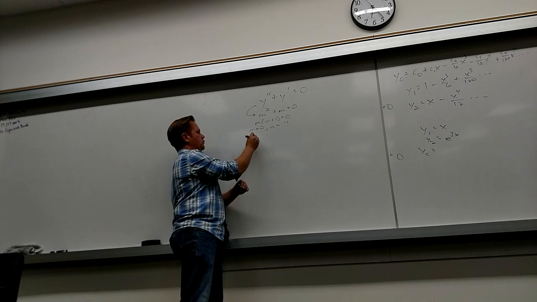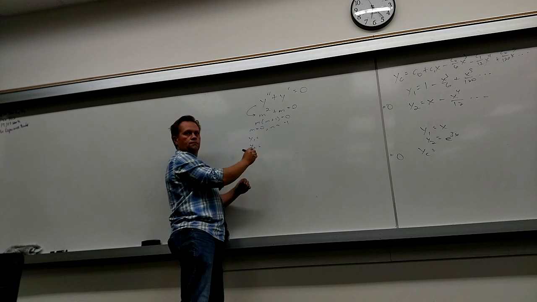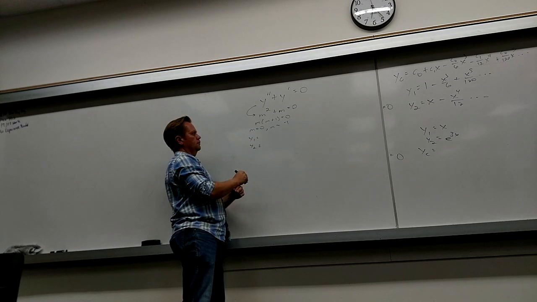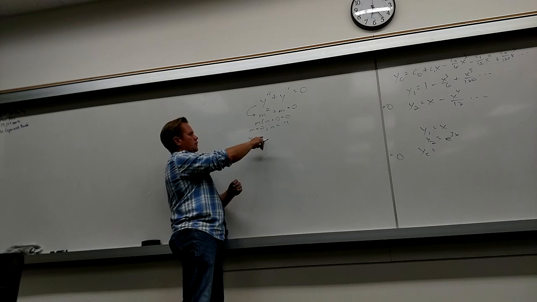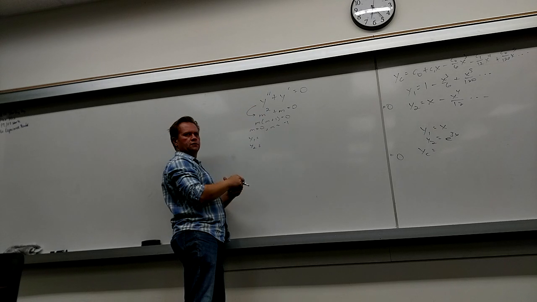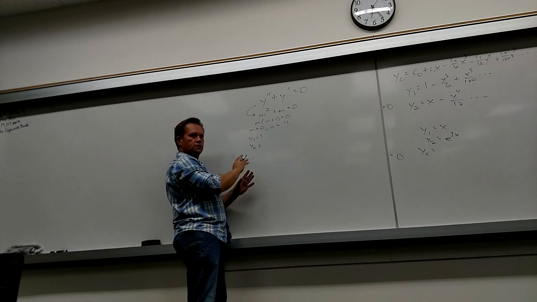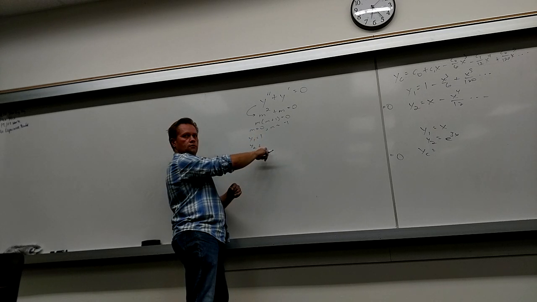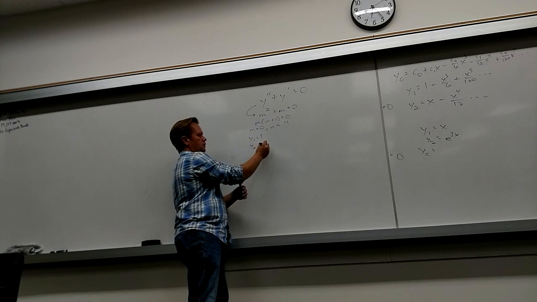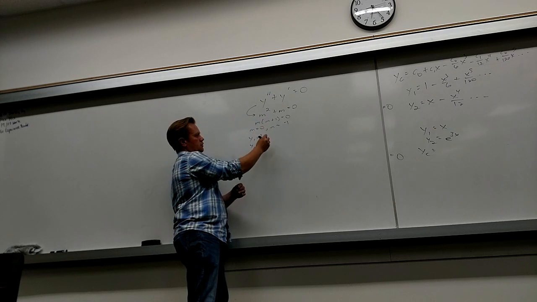So what's y1 and y2? Yeah, because what form are the answers in? So this will be a 0, that's 1, so it's just a constant. And this, of course, will be e to the negative x.